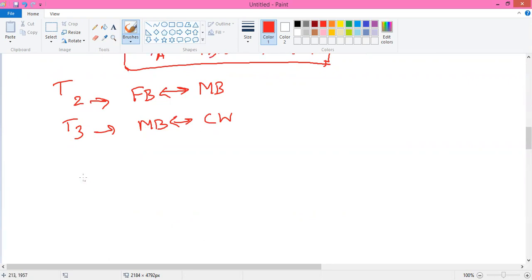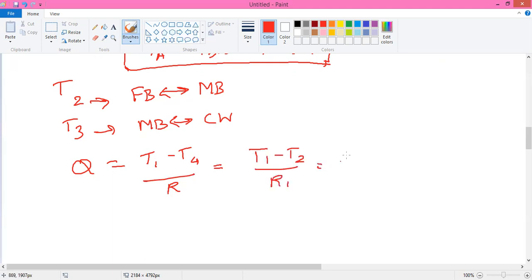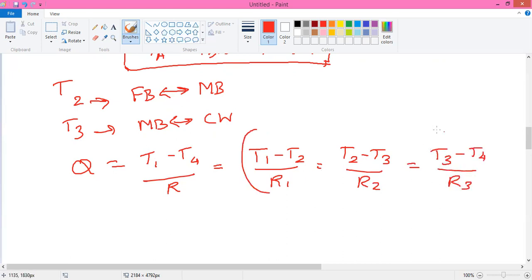So we write the equation from before: T1 minus T4 from R. We write it as T1 minus T2 gives R1, T2 minus T3 gives R2, and T3 minus T4 gives R3.